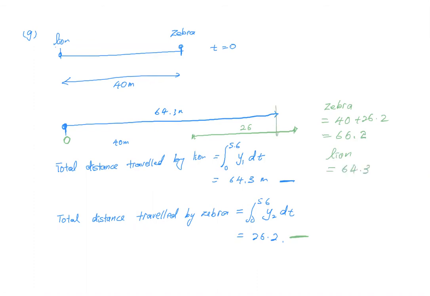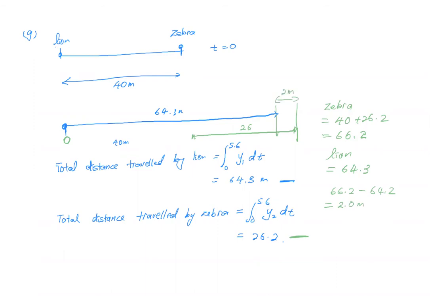So does the lion catch up with the zebra? Did the lion catch the zebra? The answer is, the zebra is 2.0 meters ahead of the lion.